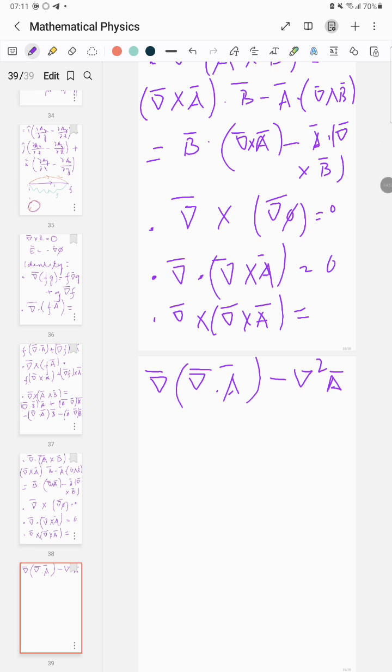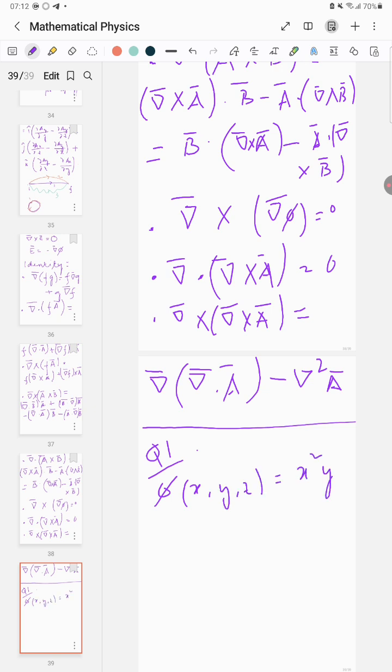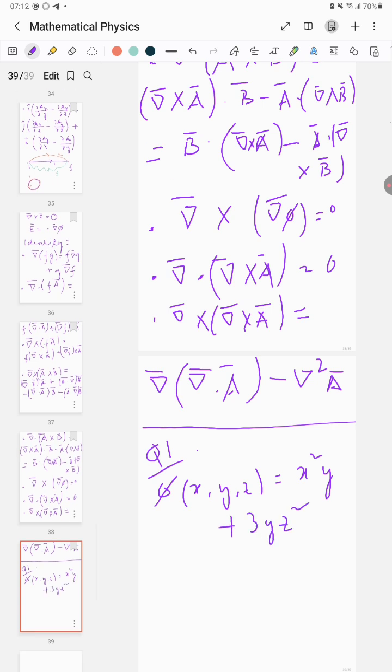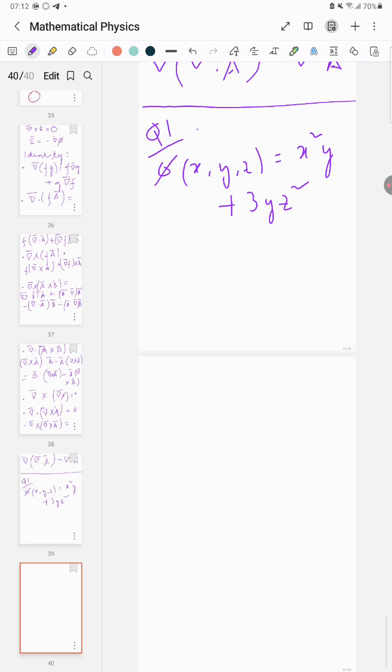Now let us get back to some basic problem sums. Let us find gradient. Question number 1: let us find gradient of a scalar field, the scalar field being given as phi of xyz is equal to x square y plus 3yz square. Our answer would be, so finding gradient would make us do what?